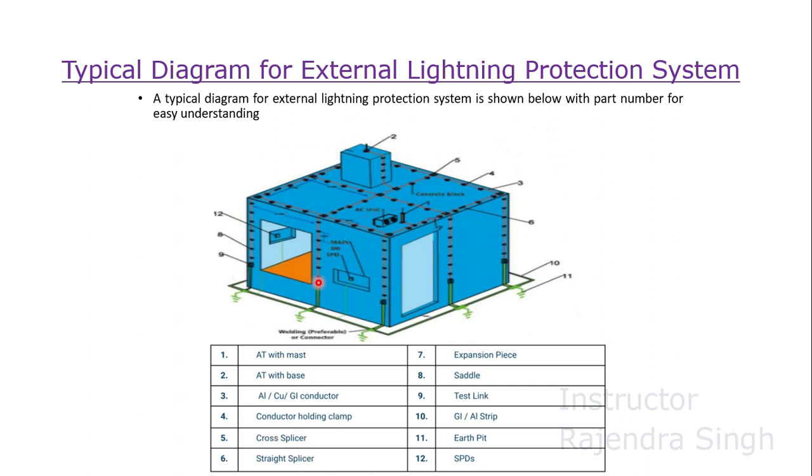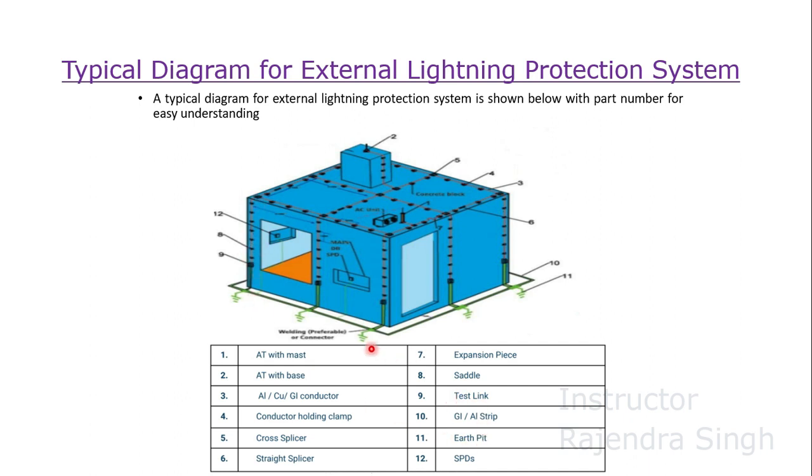In number 6, we see a straight splicer. In number 7, we are seeing an expansion piece. Number 8 is a saddle support for the down conductor to go down.